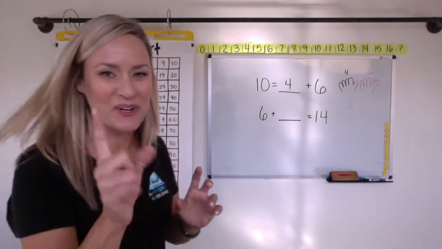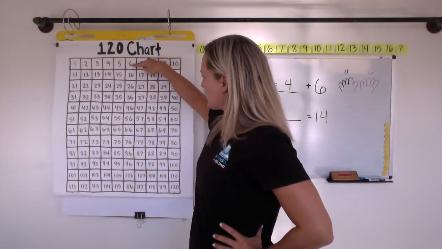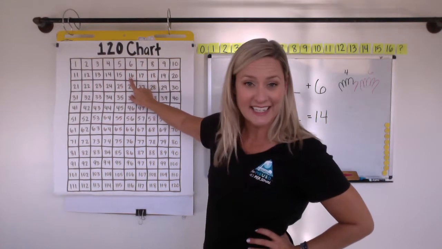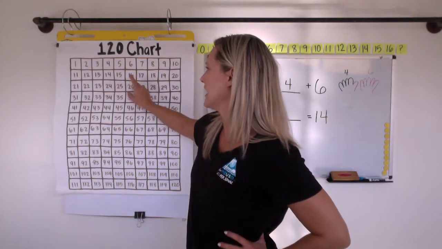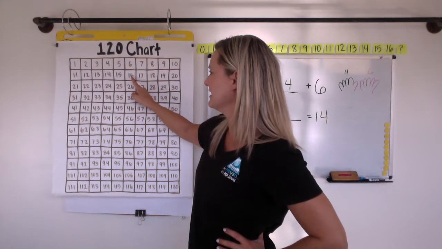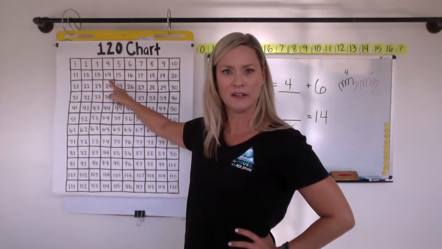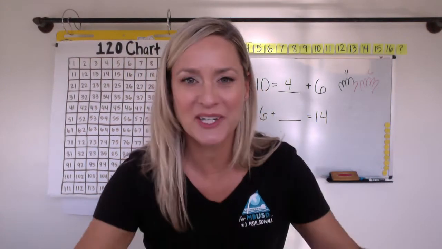Maybe you did this. Okay, I want to know, did anybody do this? Did anybody say 6 plus 10 would give me 16? But that's not the answer. I wanted to get to 14, and it's 2 behind. So maybe you said 10, 9, 8. Did anybody think about doing that? That's kind of crazy. What a good idea.